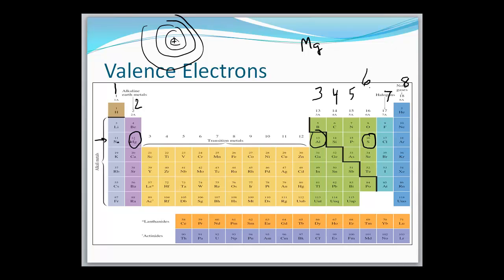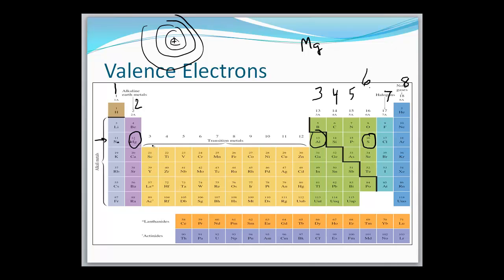That's the primary reason that everything in the first column behaves similarly chemically, because they have 1 valence electron to get rid of. Everything in the second column behaves chemically similarly also, because everything in the second column has 2 valence electrons.